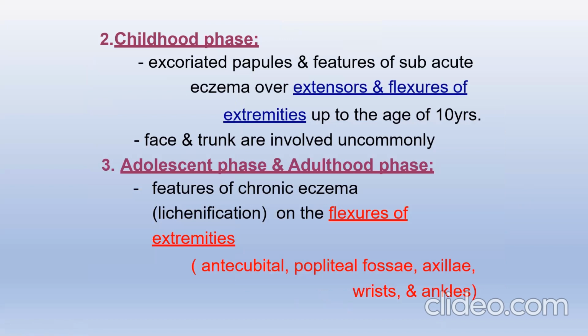Then second one is childhood phase. In childhood phase, excoriated papules and features of subacute eczema over the extensor and flexures of extremities up to the age of 10 years.